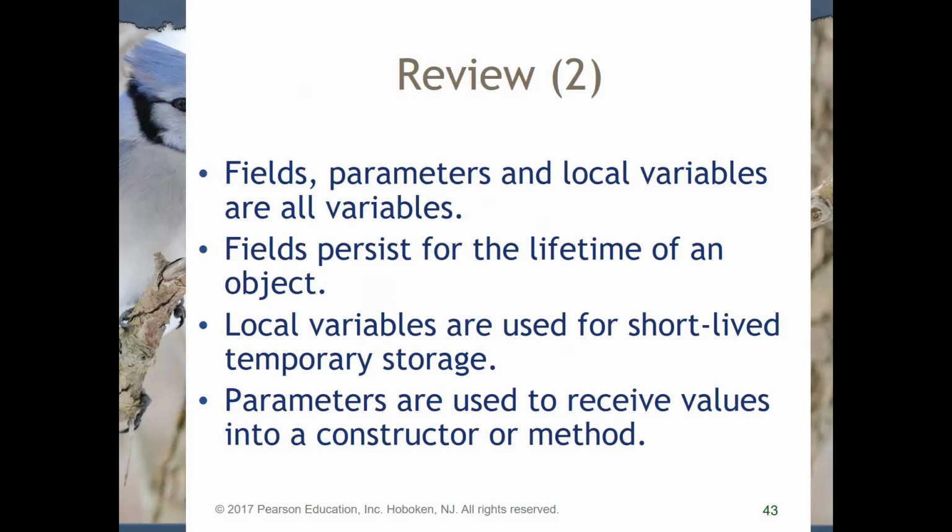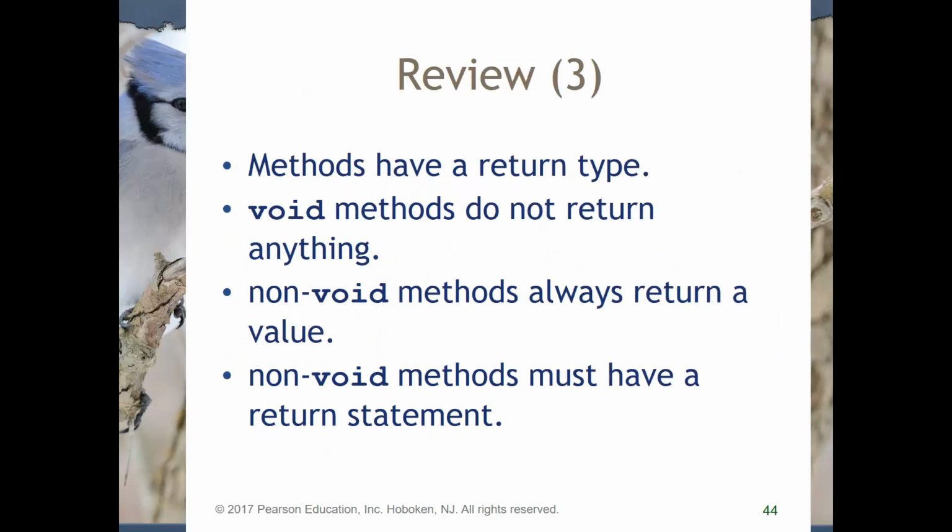In other words, when that object is in memory, or an instance of it exists, that's when this matters. Local variables are used for short-lived temporary storage. In other words, if you put it inside of a brace, it's for the purpose of that brace and that brace only, or brace pair. Parameters are used to receive values into a constructor or a method, from the calling code is another way you can say it.